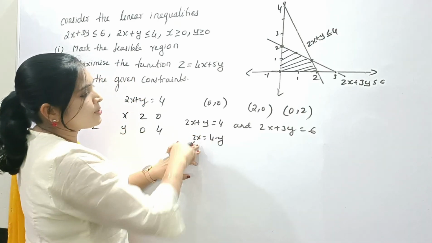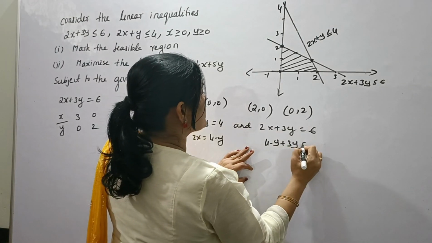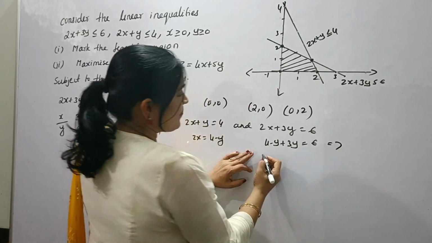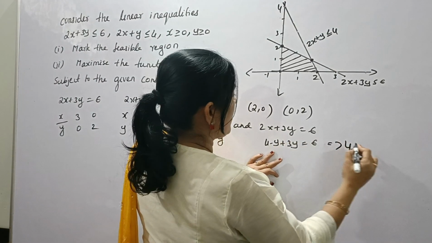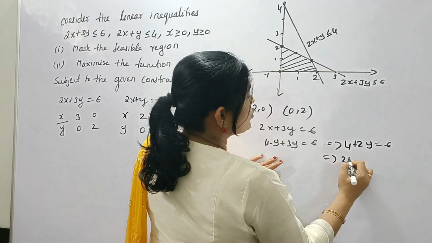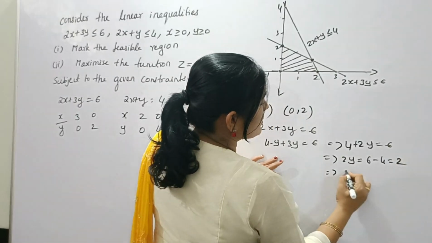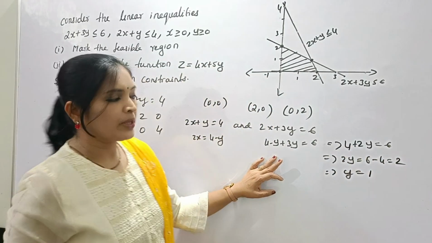Substitute this 2x here. So 4 minus y plus 3y is equal to 6. That implies 4 plus 2y is equal to 6. That implies 2y is equal to 6 minus 4, that is equal to 2. This implies y is equal to 1.